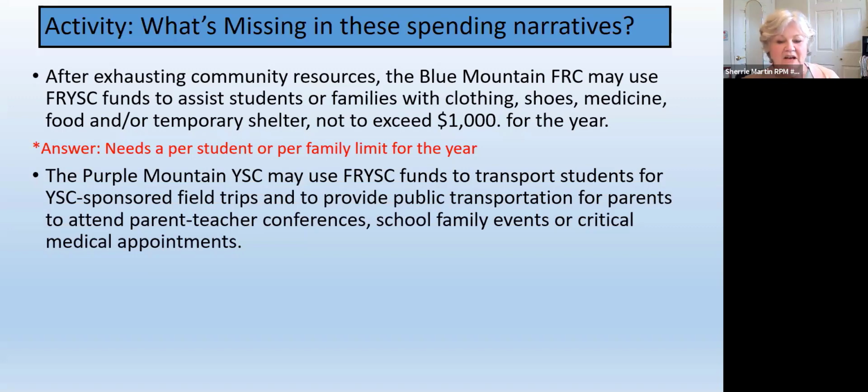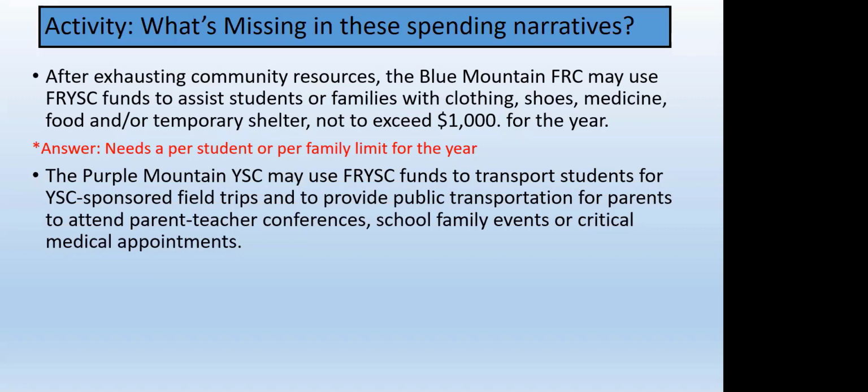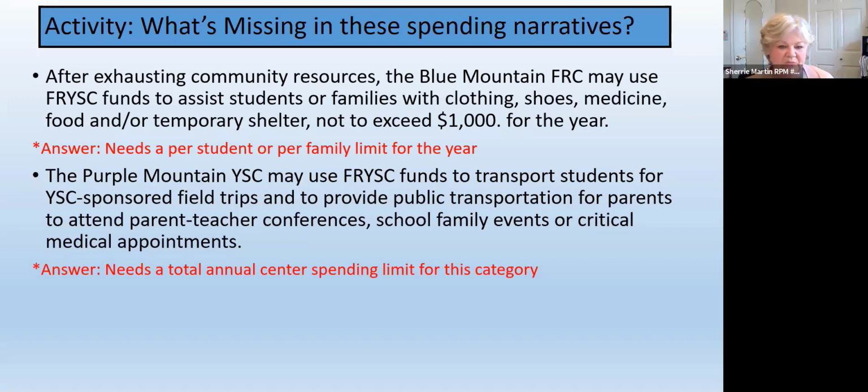They can provide transportation for students, for field trips, and for parents, for parent-teacher conferences and school events. We are missing an annual amount of money, the dollar amount. Yeah, we need a total spending limit. So we have the criteria. That's right. Thanks, Dustin. You got it. But we also need the spending limit. One more.